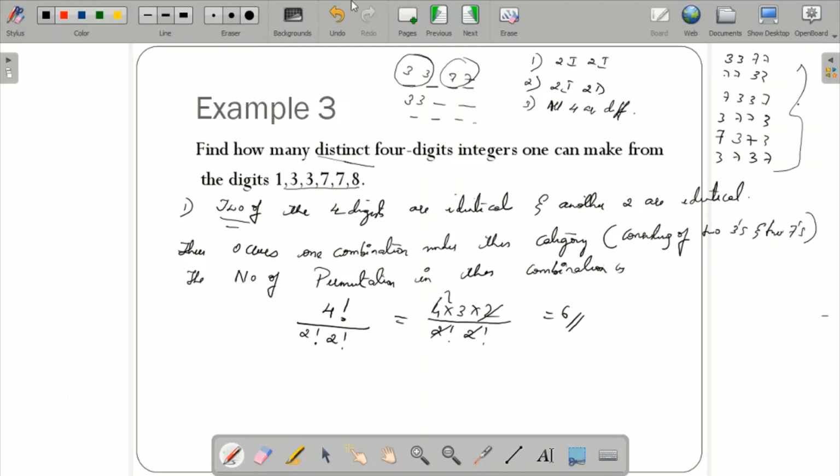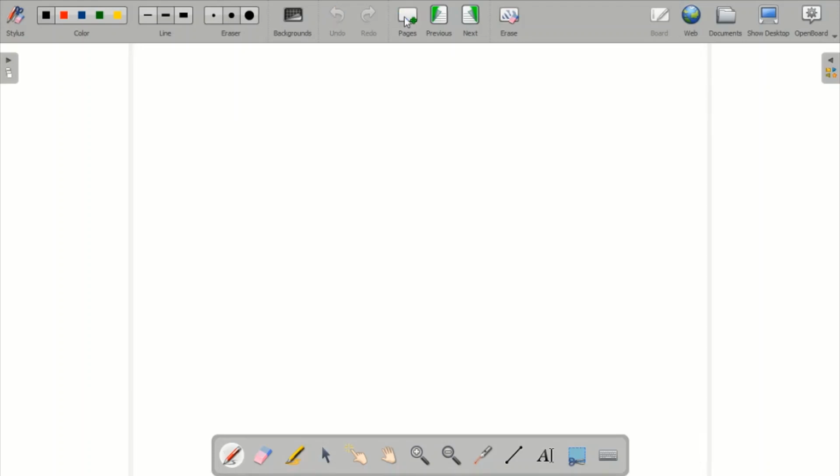The second one, let us do in the next page. The second condition is 2 of the 4 digits are identical and another 2 are distinct.